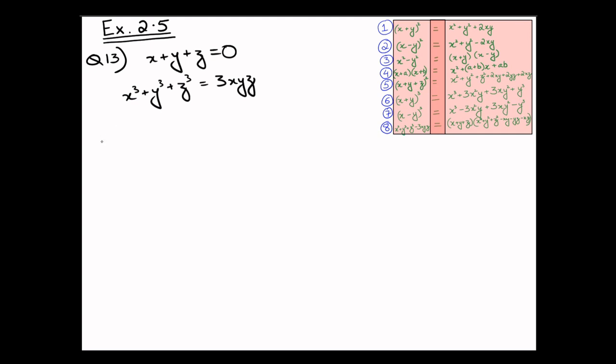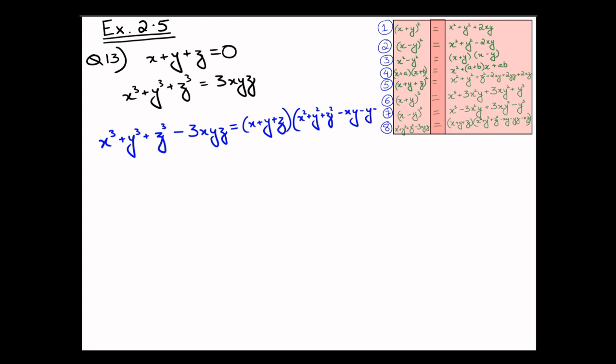Identity number 8 is x cube plus y cube plus z cube minus 3 into xyz, and this is equal to x plus y plus z whole into x square plus y square plus z square minus xy minus yz minus zx.